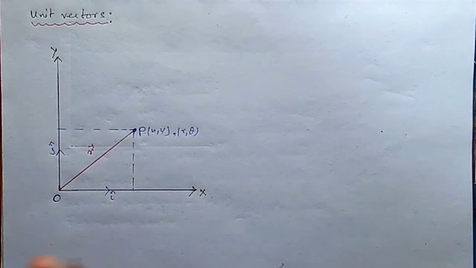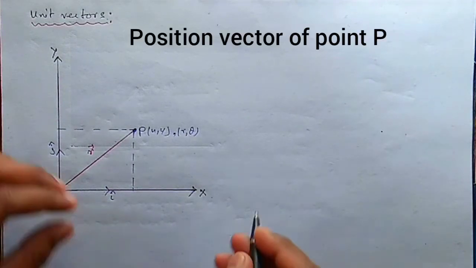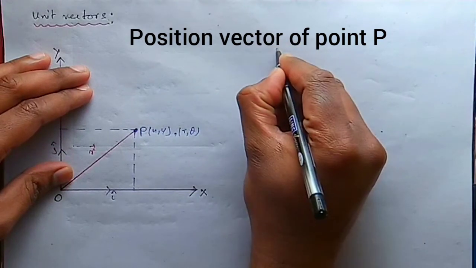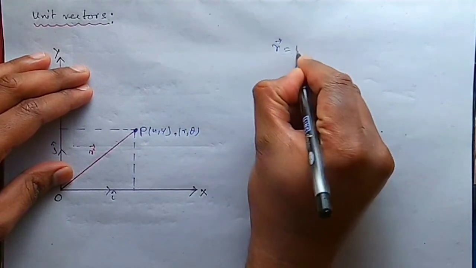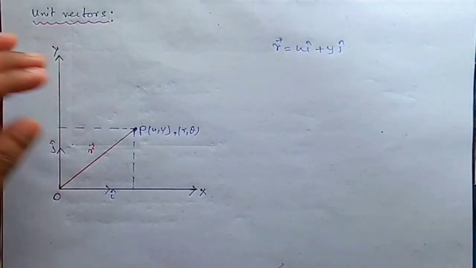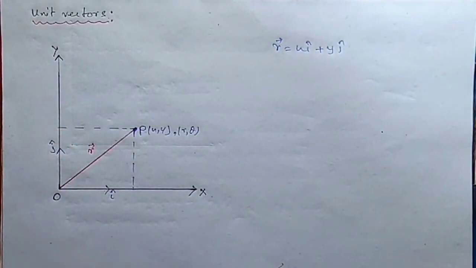Now the position vector r can be represented as r vector is equal to x i cap plus y j cap.